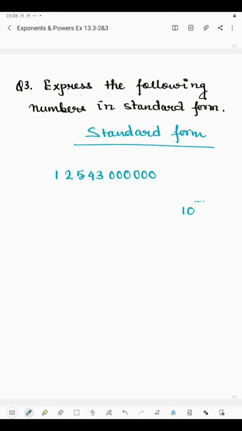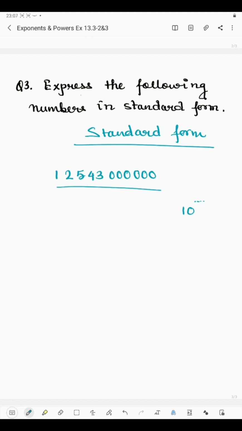Now, why do we need to write in standard form? When we have such a large number, we write it in standard form so that the number gets simpler. Now, how to write in standard form? At first, we need to check where the decimal is in the number.